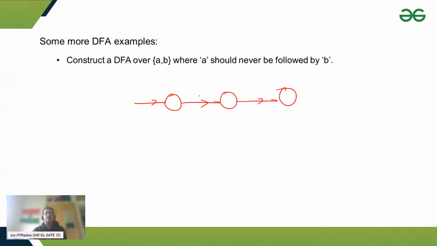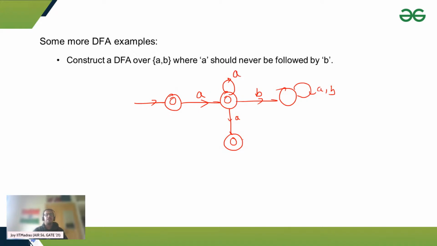The structure will be like this. If we get A and then another B, then this state won't be an accepting state. All other states will be accepting. For this case, we'll stay here only. If we get A, that is again fine. This state is accepting, and basically we can merge these two states and give a self loop here.